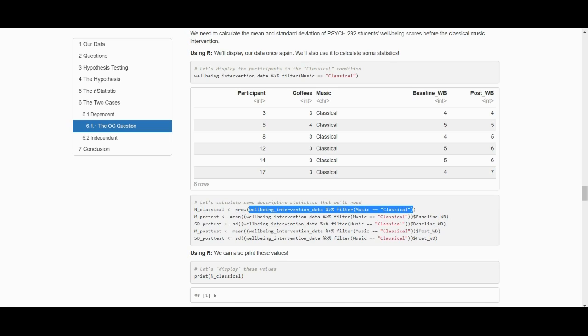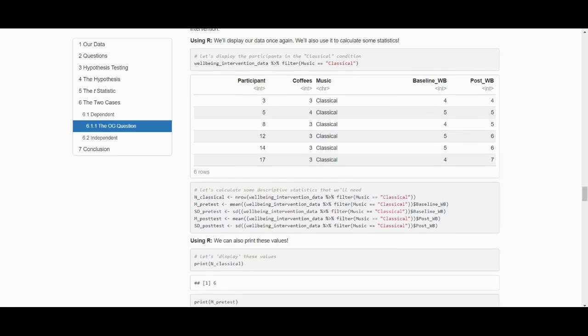So using this data table, as shown above, we can calculate some descriptive statistics that we'll need. So we can calculate our n classical, which is the number of participants, obviously 6. We can calculate the mean of the pretest value by looking only at the baseline well-being column. And we can calculate the standard deviation using the SD of that column. We can also look at the mean of the post-test and the standard deviation of the post-test in the same way.